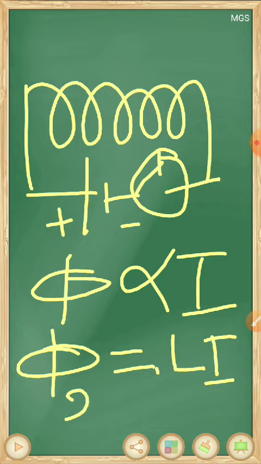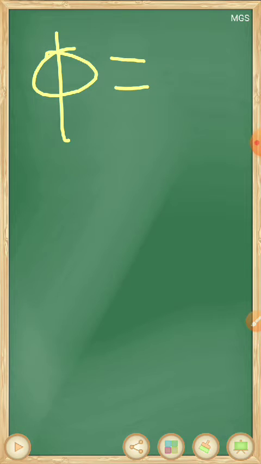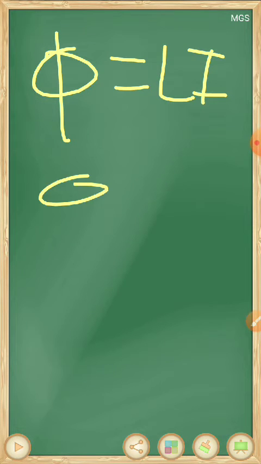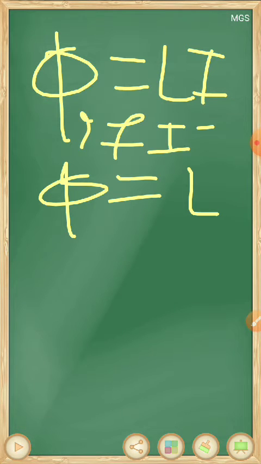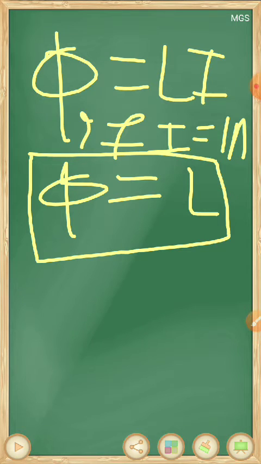So if I is equal to 1 ampere, phi is equal to L. So coefficient of self-inductance, or self-inductance, is numerically equal to the magnetic flux linked with the coil when unit current flows through it.